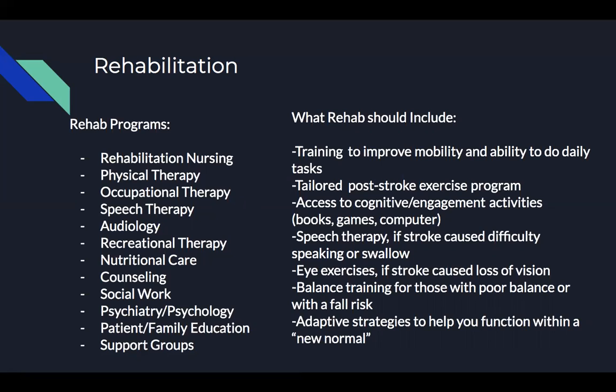Speech therapy could also include working on social skills and interacting with people, or cognitive skills such as memory or problem solving. Eye exercises if stroke caused loss of vision, balance training for those with poor balance or a risk for falls, and adaptive strategies to help you function within a new normal.